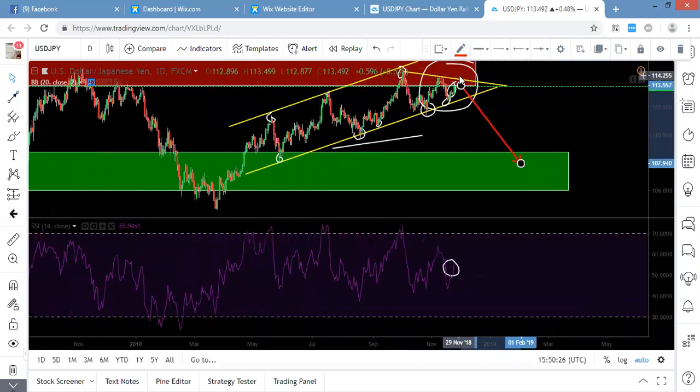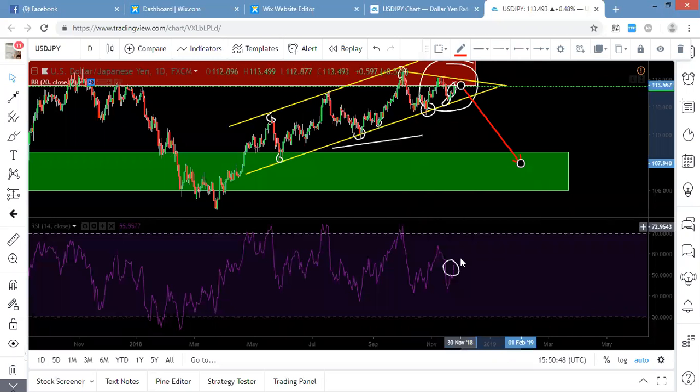Right now, I wouldn't even be looking at this. I would mark this chart up and say, hey, look, it might be a good sell here in the future. We might want to set a sell stop or a sell limit, which we're going to cover in the next video, pending orders.